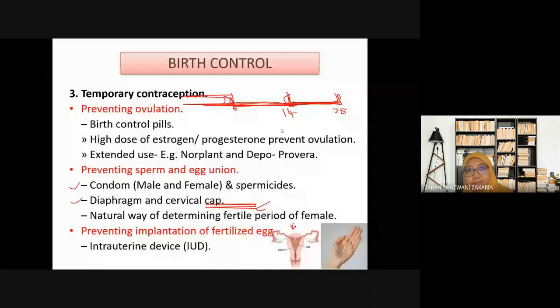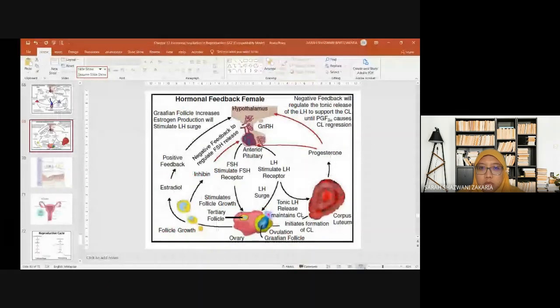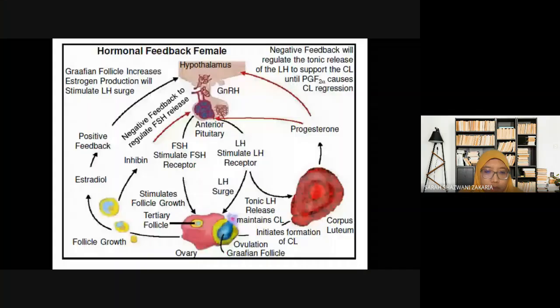Maksudnya akan ada. Ini kena as long as the person taking the pills. Bila ada cyst and then bila ada follicles dah grow tapi tak cukup, it's not enough to ovulate.